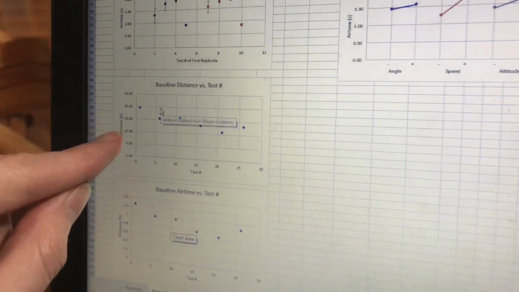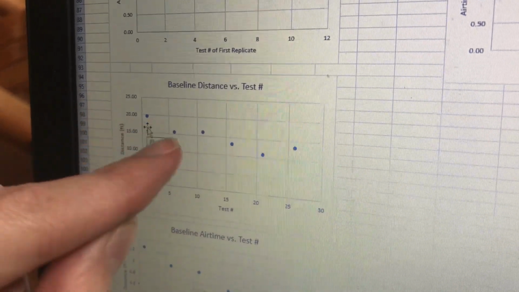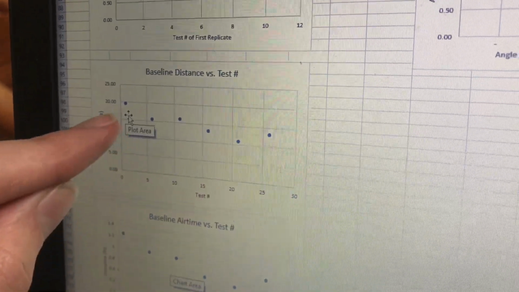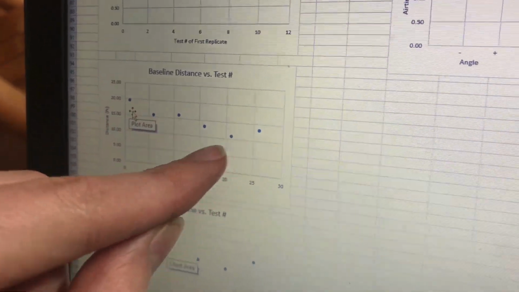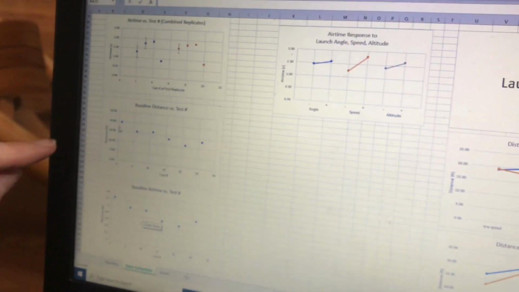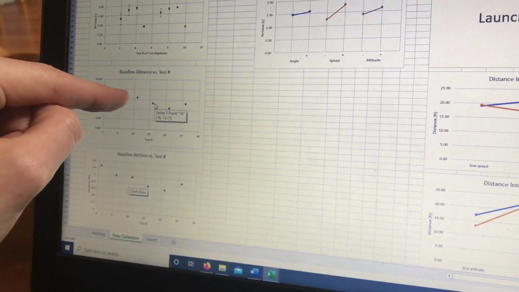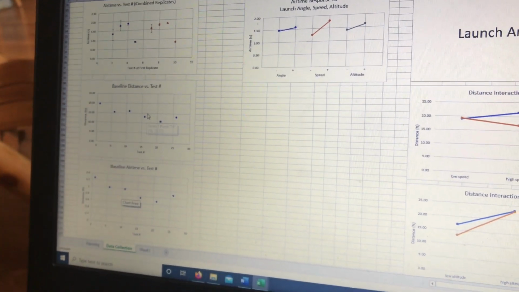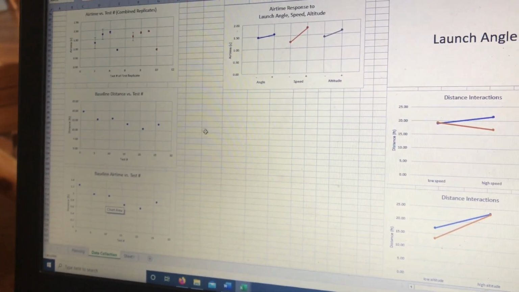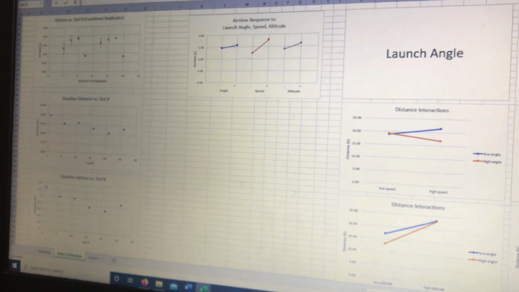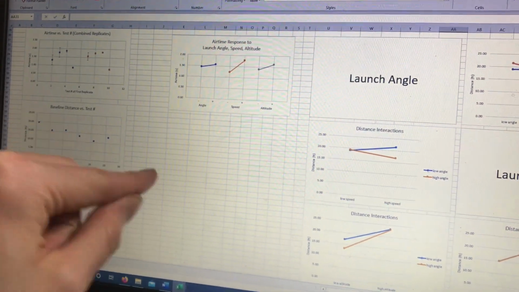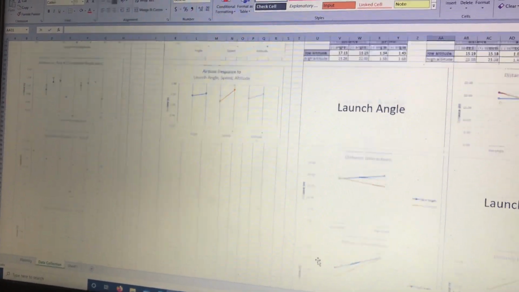So I'm going to guess that over the course of the experiment and the 30 tests I did, my rubber band stretched out a little bit and wasn't quite as powerful. This is not a super steep trend, but in general, it looks like maybe just a little bit my rubber band stretched out. That's just kind of cool to be able to see. And if we really cared about it, we could incorporate that change into the rest of the data, but I don't think it's that important for this.